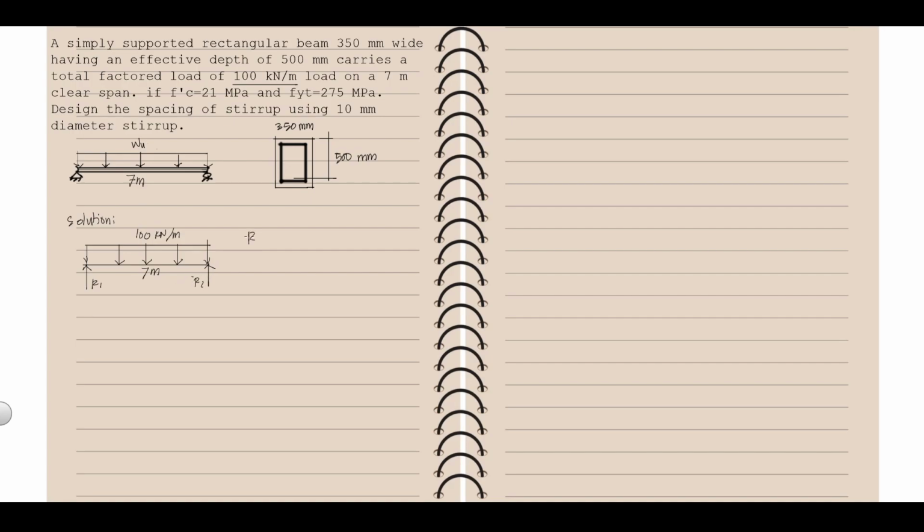Okay, our reaction 1 is equal to R2, which is equal to the WL over 2. Okay, that's equal to 100 times 7 divided by 2. Okay, of course, that's equal to 350 kilonewton. Okay, ito po yan, 350 kilonewton. Both reaction.